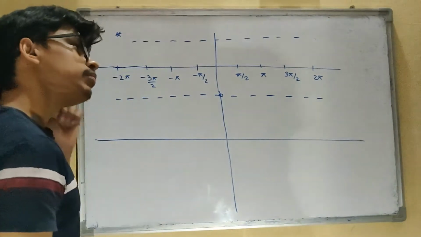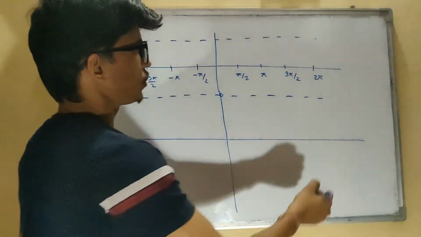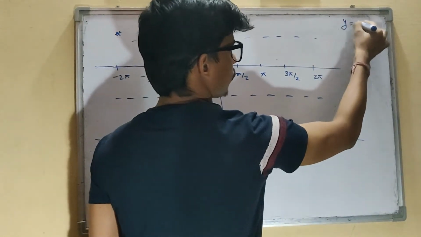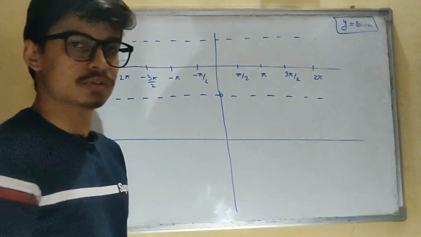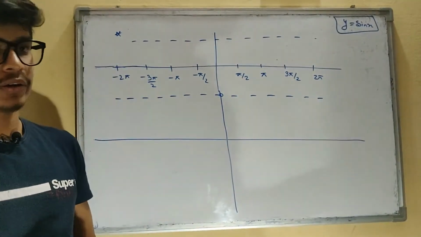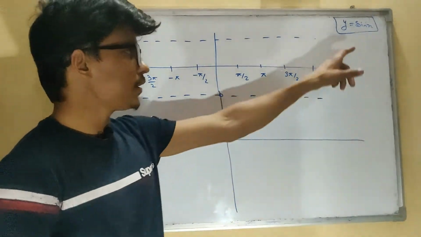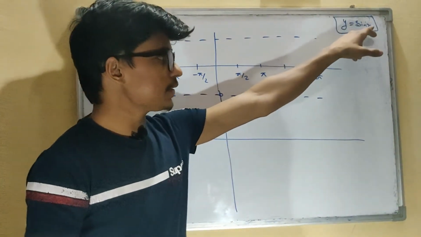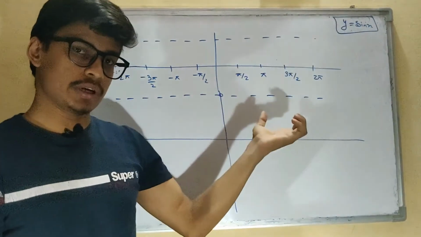Here we are showing the angles. So y equals sin x is what I want to show you, the graph of y equals sin x. Now, in the functions chapter you may have learned about y equals sin x, where x is the angle that we insert and y is what we get.